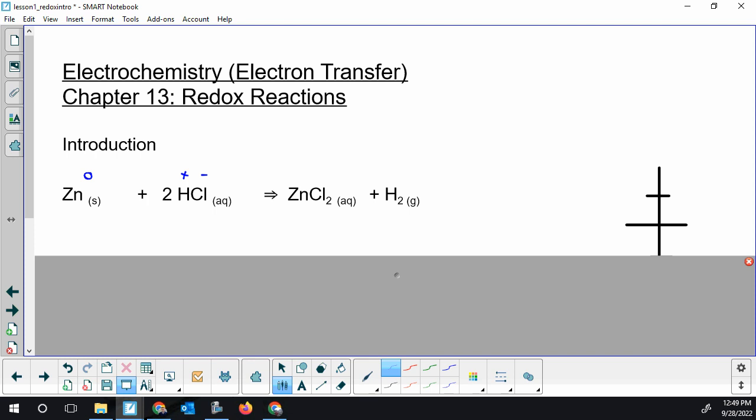We move to our products and we have a clear as day ionic compound with distinctive charges. We've got zinc chloride. This is where in ionic compounds you have to use your chart to figure out the charges. Zinc is written right in your booklet. It is +2. The chloride is not in your booklet.